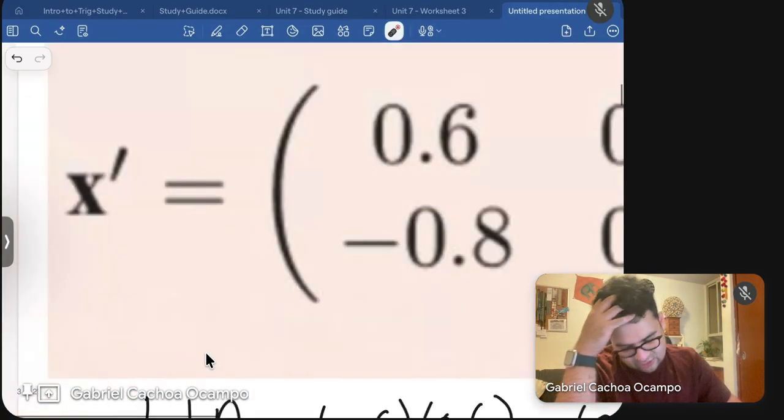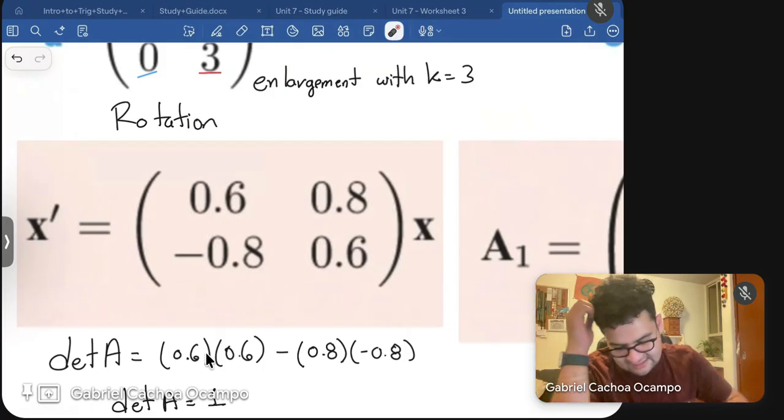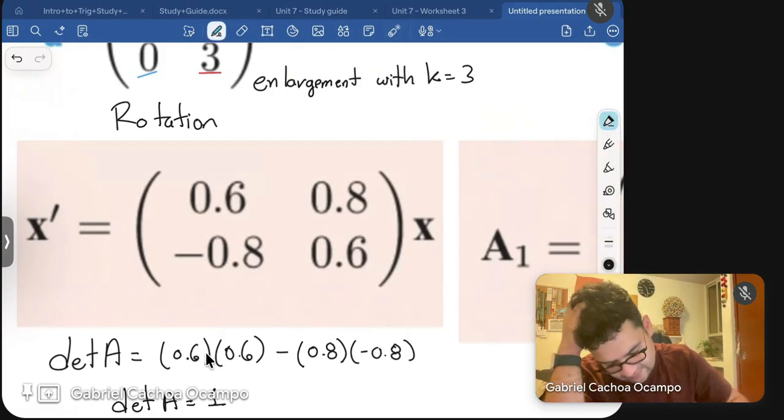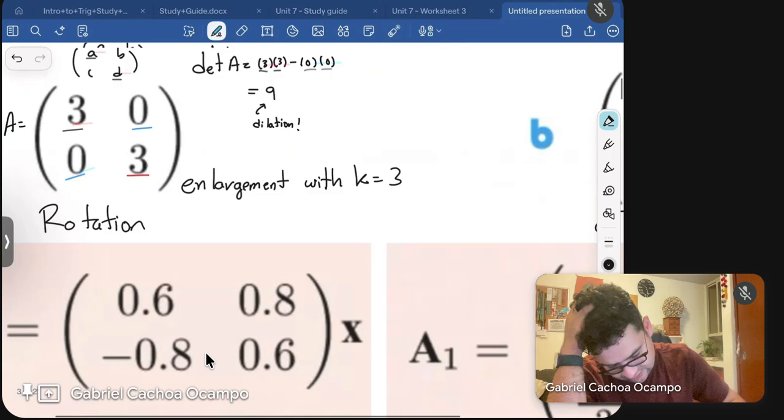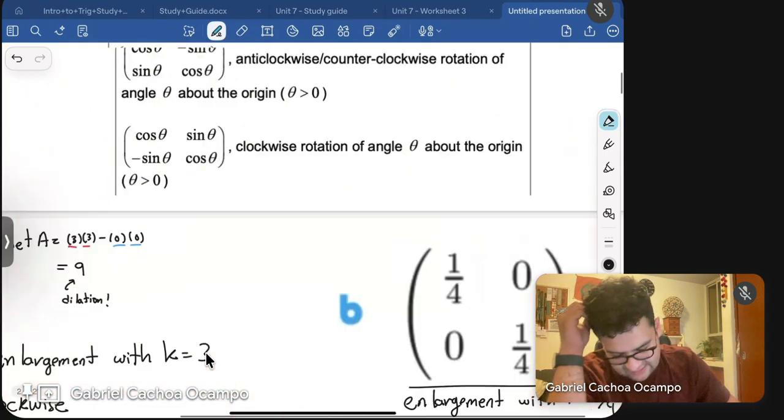Here, this one has a negative sign in the bottom right, so this is a clockwise rotation, and now I need to find the angle.